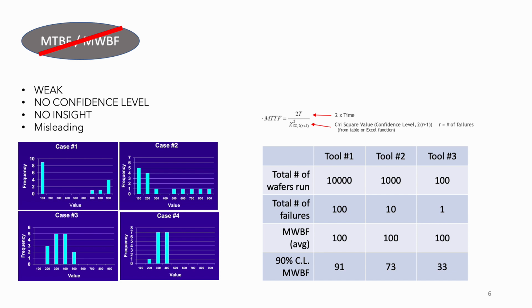For number 2, if you ran 1,000 and had 10 failures, you also have a MWBF of 100. Number 3, run 100, have 1 failure, you also have a MWBF of 100. But when you consider a 90% confidence level on those, you can see they're much different. For running a lot of wafers, you're confident the MTBF or MWBF is 91, down to 33 for that last example.